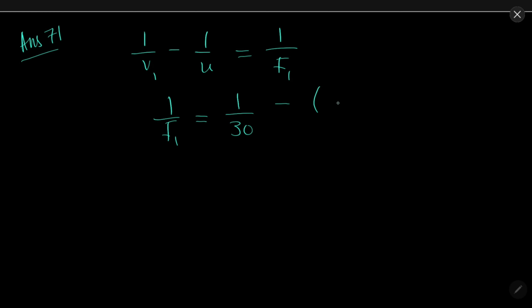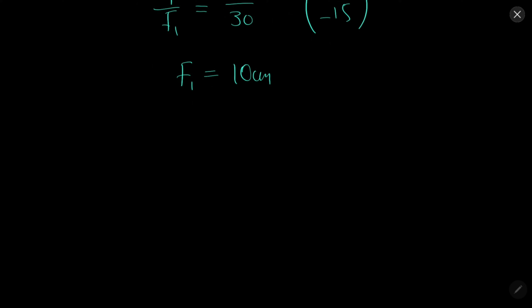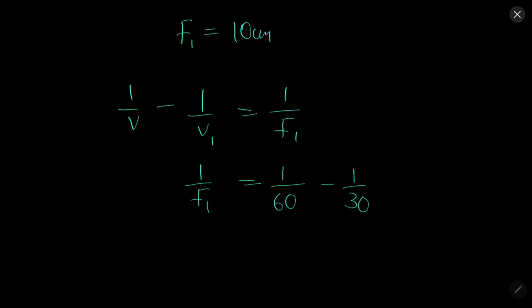Solution 71. 1 by v1 minus 1 by u equal to 1 by f1. 1 by f1 equal to 1 by 30 minus 1 by minus 15. f1 is equal to 10 centimeter. 1 by v minus 1 by v1 equals 1 by f2, 1 by f2 equal to 1 by 60 minus 1 by 30. It will come out to be minus 60 centimeter.